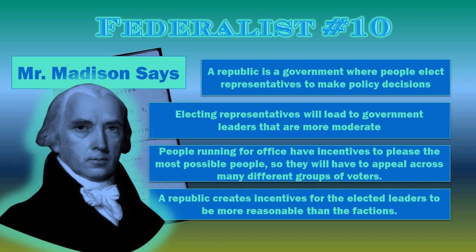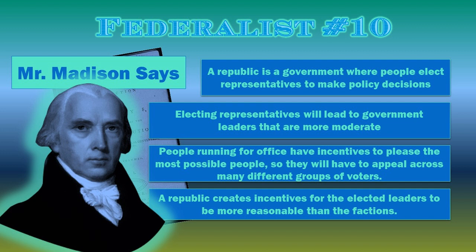Now let's think about how that works, right? A person, like a faction, might only look after their own interest, but a faction may not be enough to win enough votes to serve in office. So a person running for office is going to have to appeal to so many different people across the society that they're going to end up being more in the middle in order to appeal to the most people.